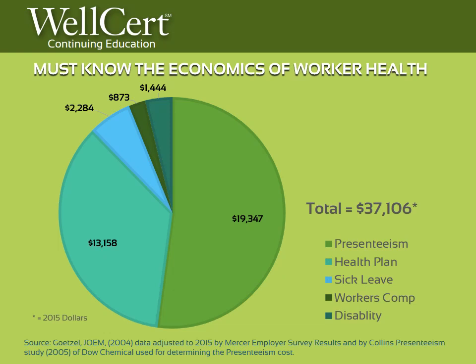Now, the items on the left-hand side of the pie chart, those four items, essentially are economic costs that a business encounters. The 19,000, the presenteeism amount, is really lost productivity, and it's the value of lost wages, salary, and benefit costs.